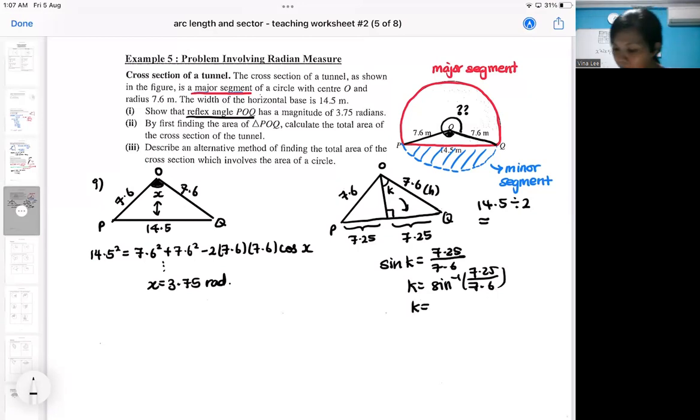If you're finding it like this, it is fine, but you need to remember to do it in radian mode. You do the sine inverse in radian mode. So POQ will end up to be 2 times of this.